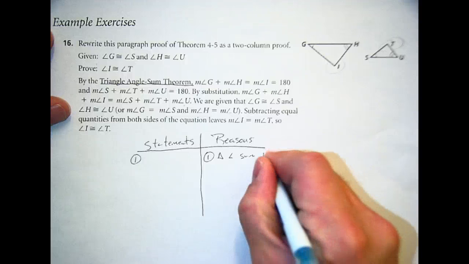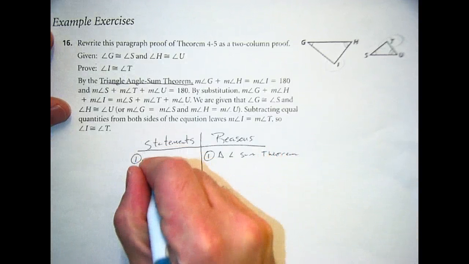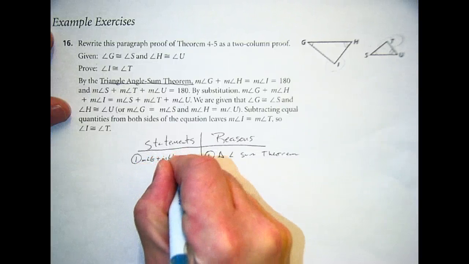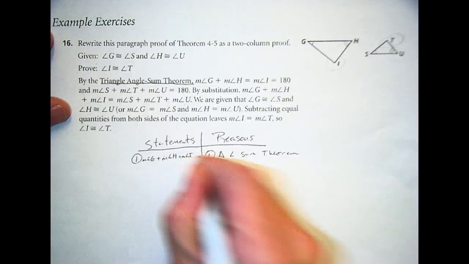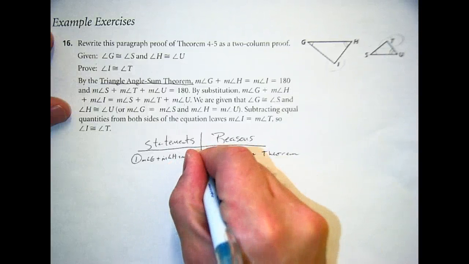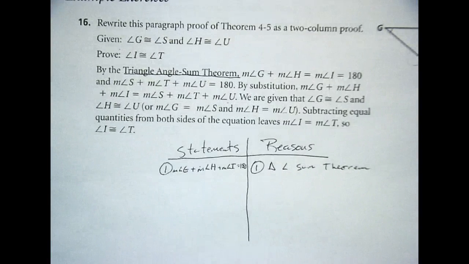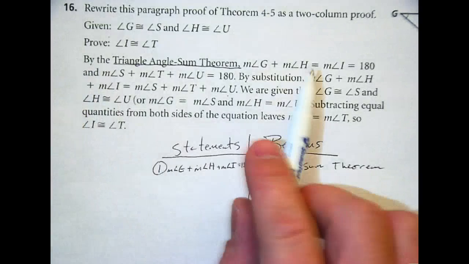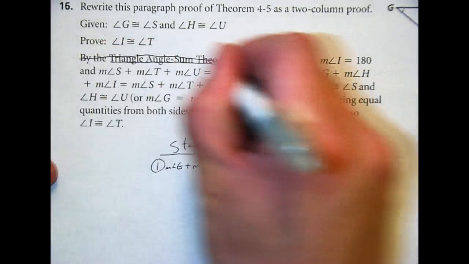Angle G plus angle H plus angle I equals 180. Good. All right. So, by the triangle angle sum theorem, this equals 180.